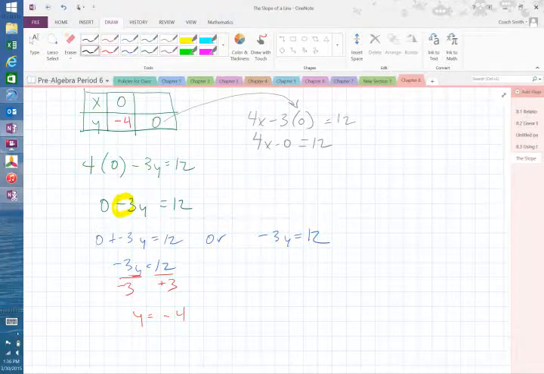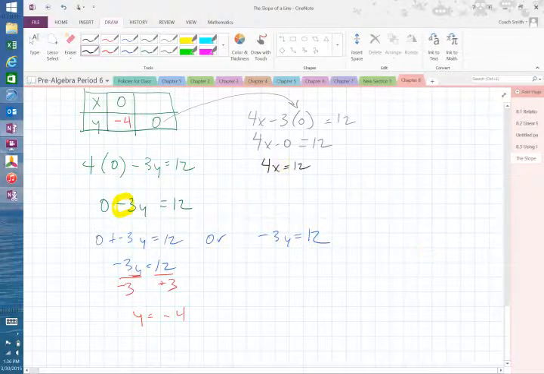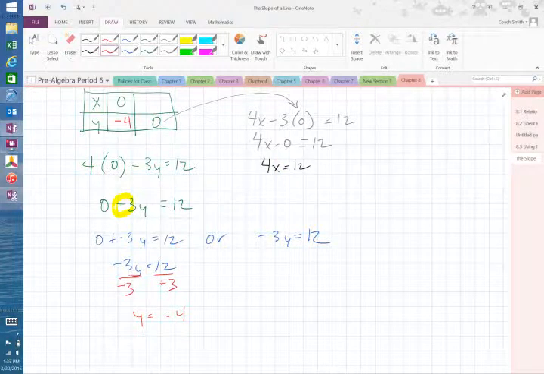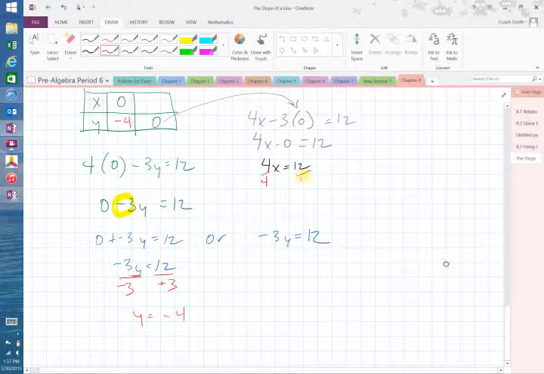So now what do I do to solve that, Copeland? Divide by what? So we divide 4 into both sides, which gives me x is equal to 3. So there's your 2 points. So my coordinates are 0 and 3 and negative 4 and 0.